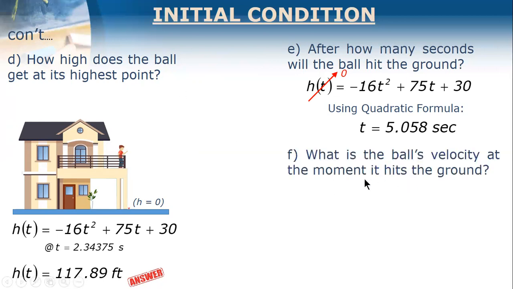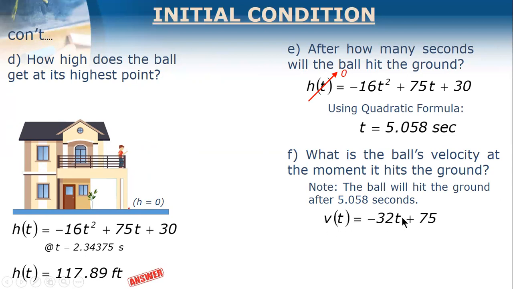And lastly, what is the ball's velocity at the moment it hits the ground? So when it hits the ground, h is 0, and t is equal to 5.058. Now, we will substitute this value to the expression of v. The ball will hit the ground after 5.058 seconds.